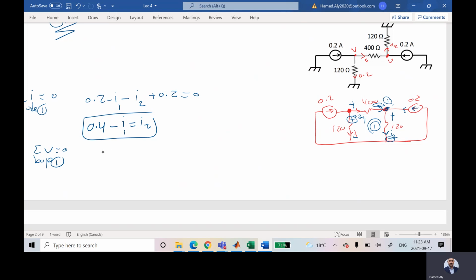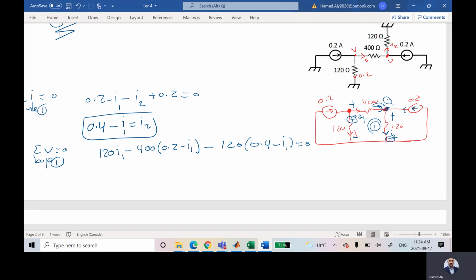So I will say 120 times I1 minus 400 multiplied by 0.2 minus I1, right? Minus 120 multiplied by what? What is the value of I2? Yes, so multiplied by I2, which is 0.4 minus I1, equals 0.